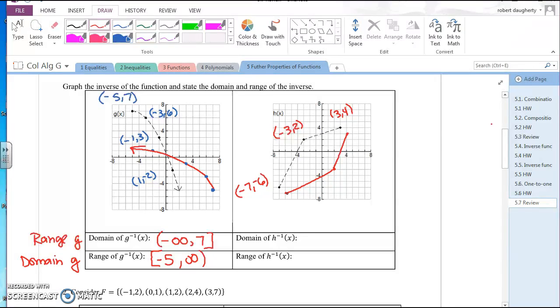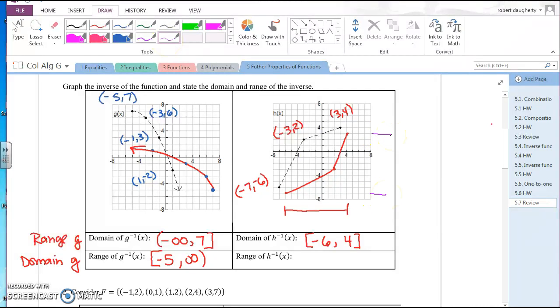The domain of H inverse. The red graph that I drew is H inverse. Its domain, I get x values from what? Negative 6, which is right here. So the domain goes from here to here. That's negative 6 over to 4. The range of that red graph, I get y values that go from here to here.